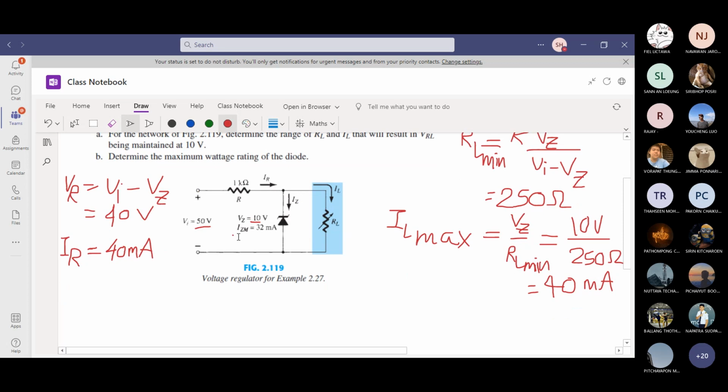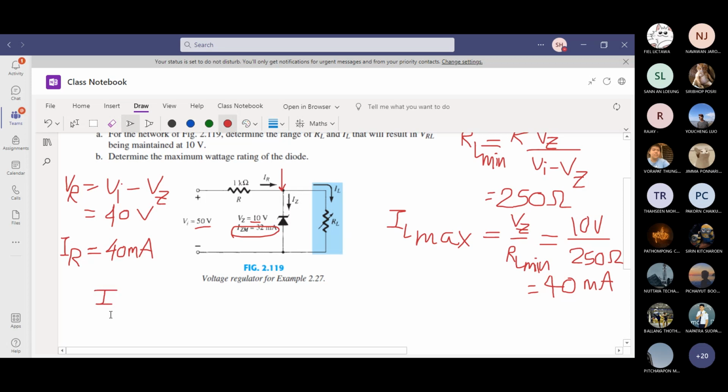Now, what other information is given? IZM, maximum Zener current. IR is coming to this node, and at this node, Zener current flows away, load current flows away.